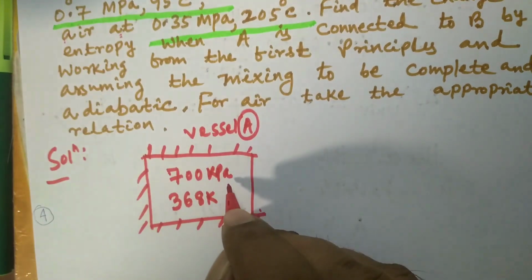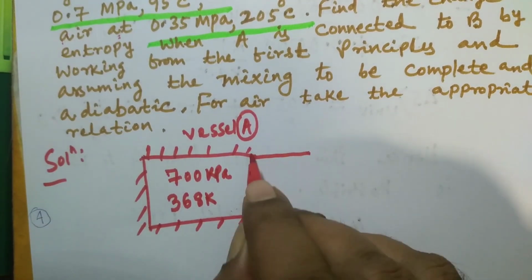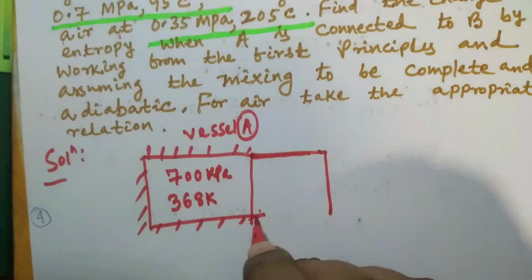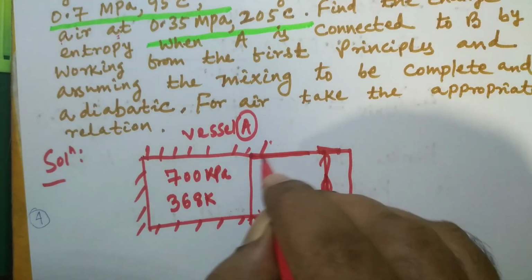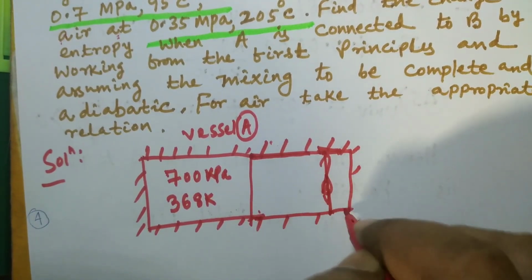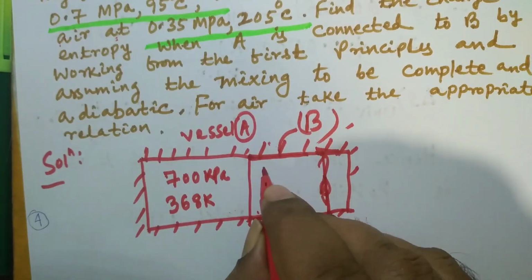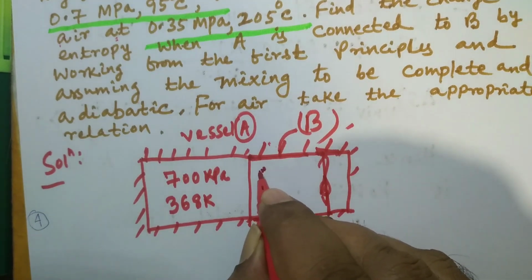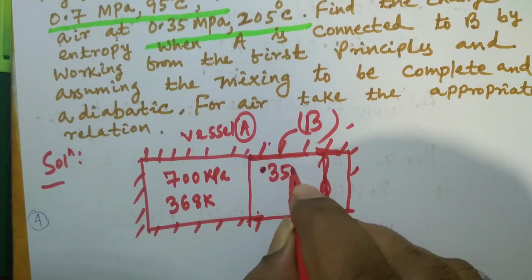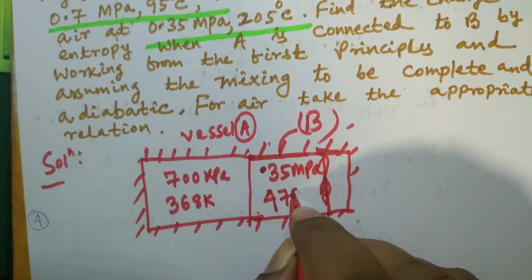Air is contained in this vessel A and its volume is 3 meter cube. Another vessel of volume 3 meter cube is also there. This is vessel B. Pressure here is 0.35 megapascal, and temperature is 205 degrees Celsius, which means 478 Kelvin.